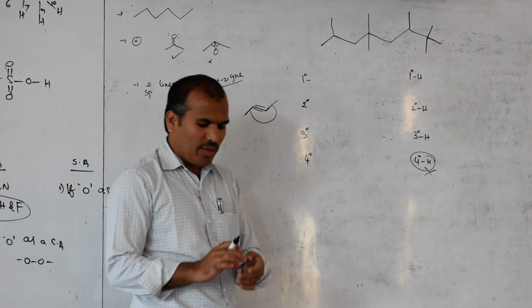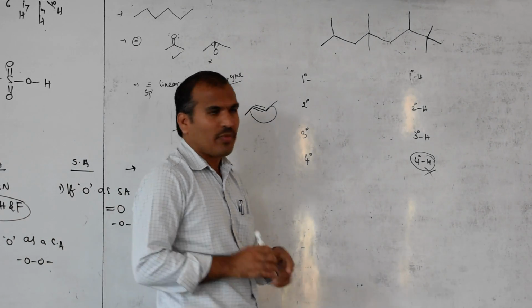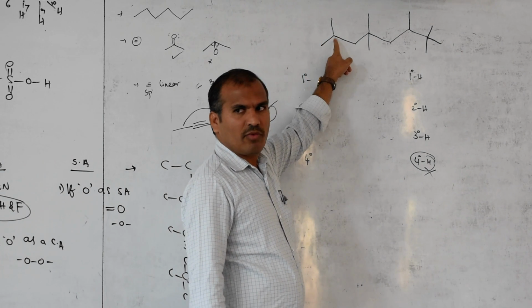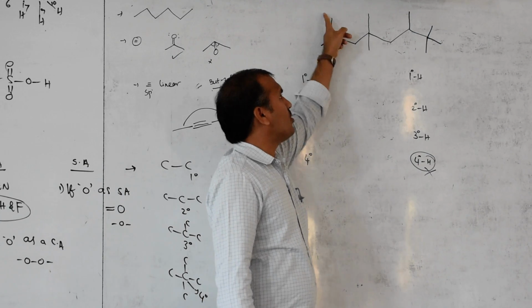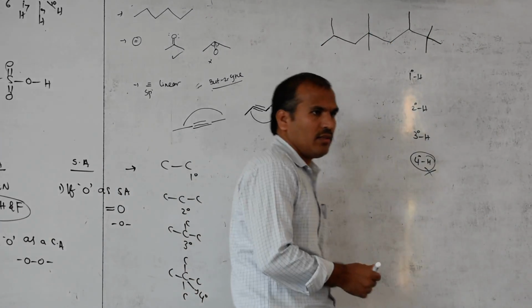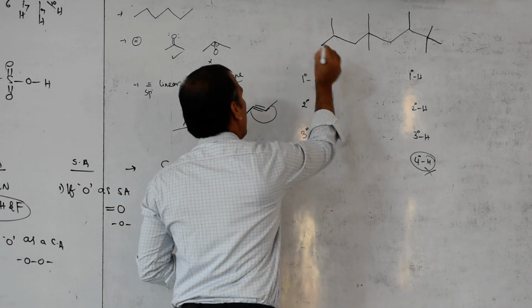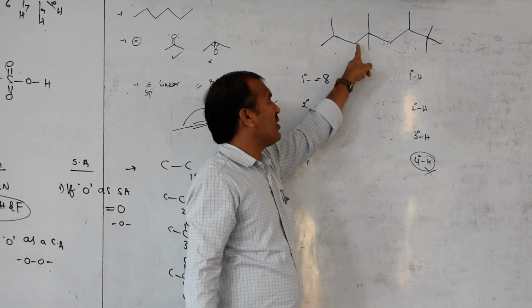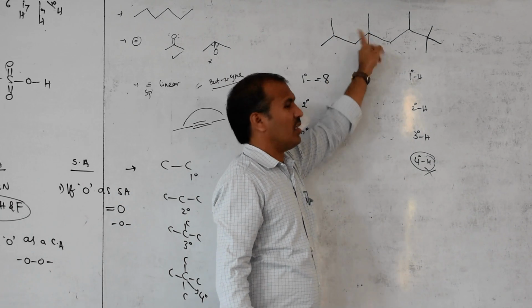Now find out how many primary carbons are present. This carbon is bonded to how many carbons? One. 1, 2, 3, 4, 5, 6, 7, 8 are there. So the answer is 8. How many secondary carbons are there? This is one, because this carbon is bonded to two.